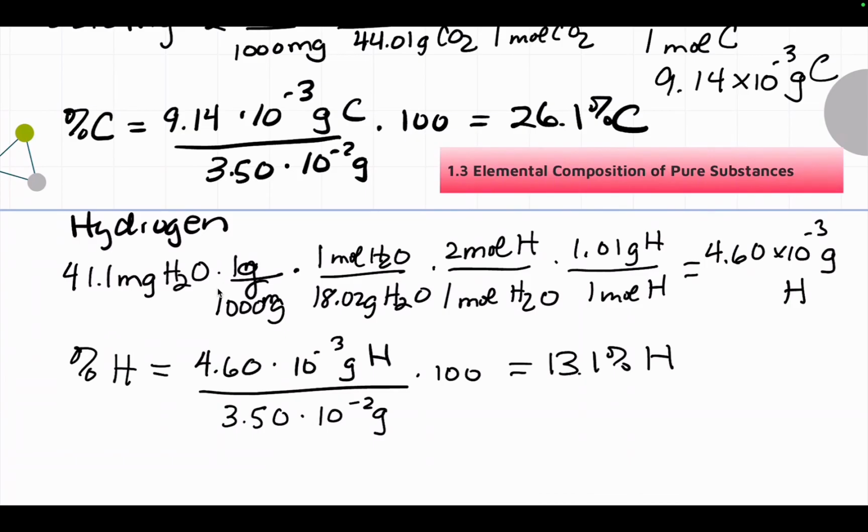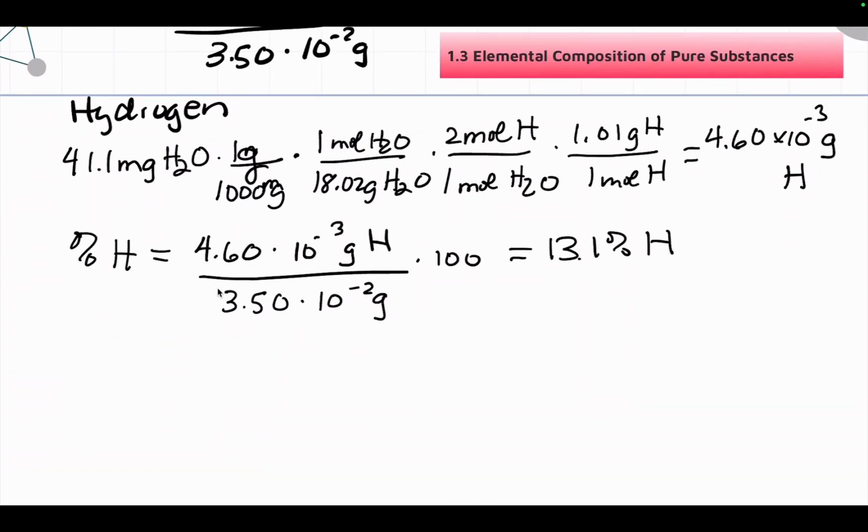We don't have a compound that we analyzed to correlate back to the nitrogen. So I know that the percent of the hydrogen, the carbon, and the nitrogen should all add up to 100. So my percent of nitrogen is going to equal 100 minus the percent of carbon plus the percent of hydrogen.